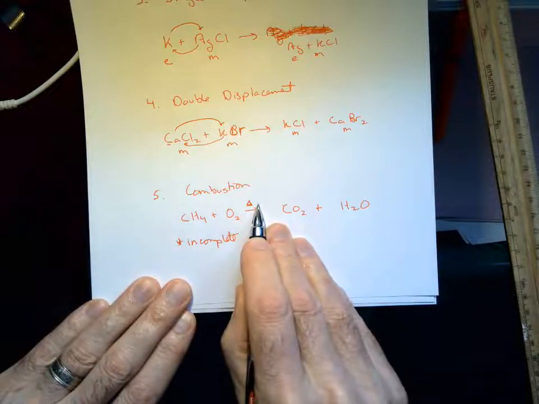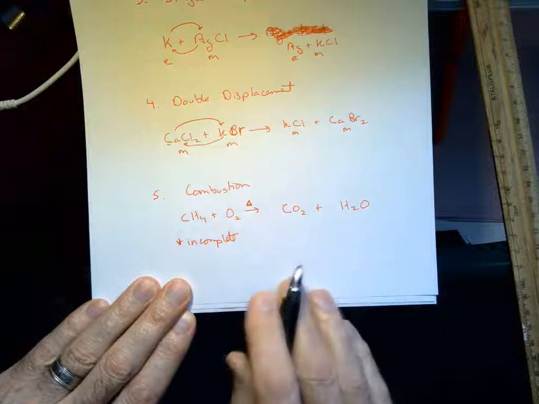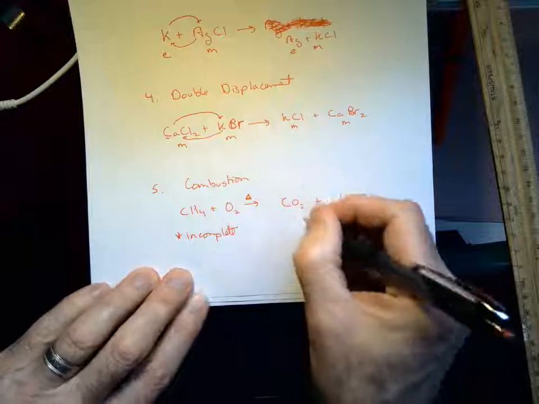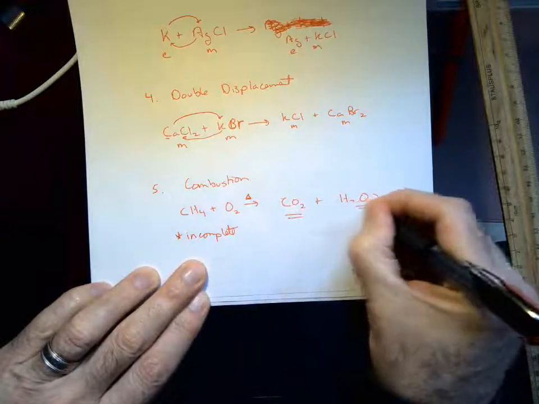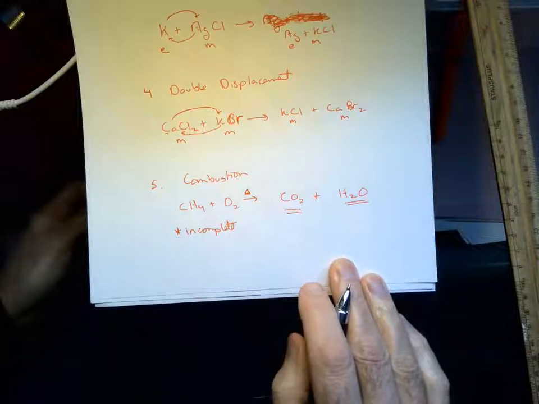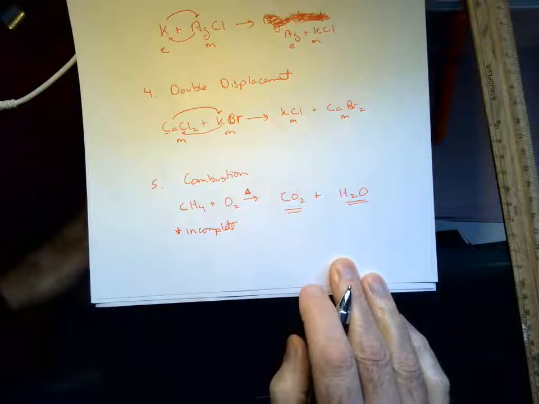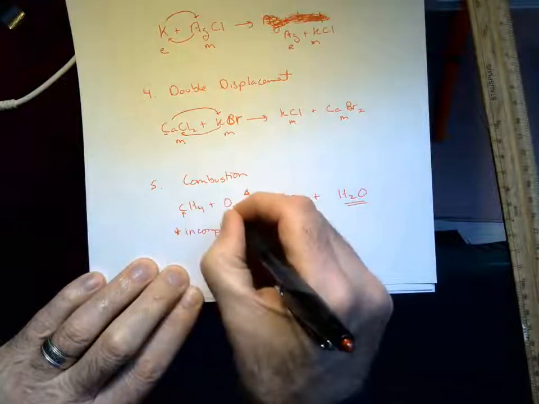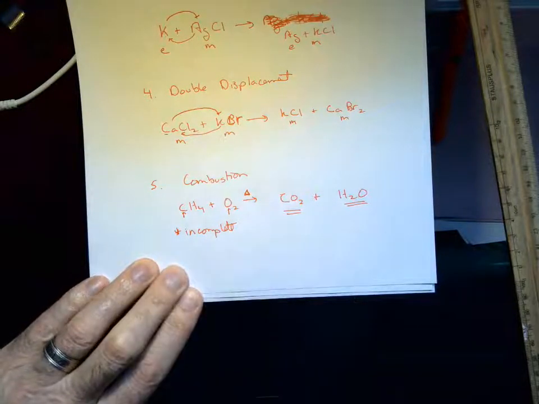Take oxygen out of the air with heat, you'll make CO2 and H2O. I always tell people to look for these things on the right-hand side of the reaction, and that will tell them if they have a combustion reaction or not. Or I say look for a carbon-containing material and oxygen.